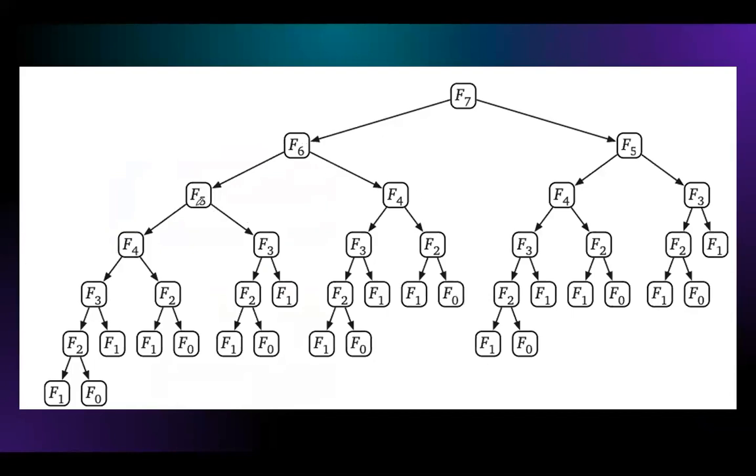Again fib of 5 will in turn call fib of 4 plus fib of 3. Fib of 4 will call 3 plus 2. And again 3 will call 2 and 1. Fib of 2 means fib of 1 and fib of 0. Fib of 0 will return 0 and fib of 1 will return 1. 1 plus 0, so you will get the result for this. And again fib of 1 will be called again.